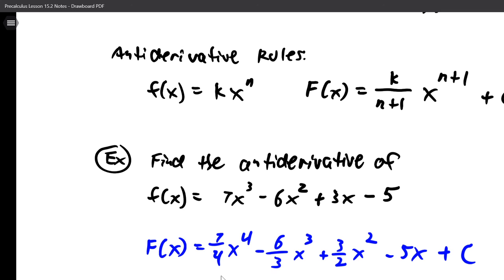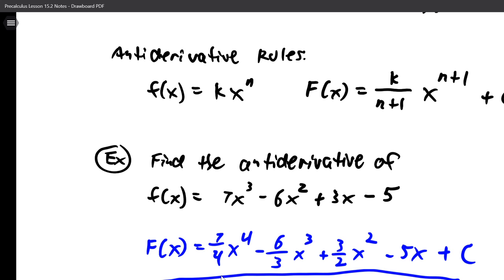Could be plus 5, could be plus 12,000, could be minus 82.5. We don't know. There's some constant that could have been there that when you take the derivative, the constant goes away. So this simplifies to, stays as 7 fourths x to the 4th. Our minus 6 thirds becomes minus 2x cubed plus 3 halves x squared minus 5x plus c. So that is our antiderivative.